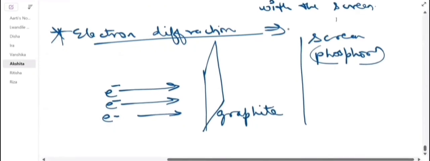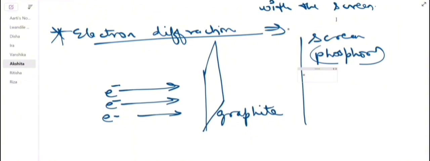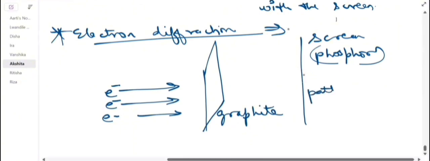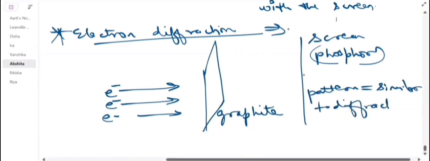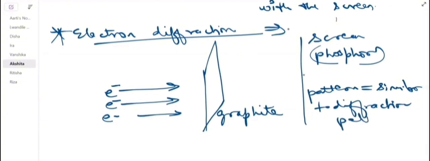And the pattern looks very similar to the diffraction pattern. Done?